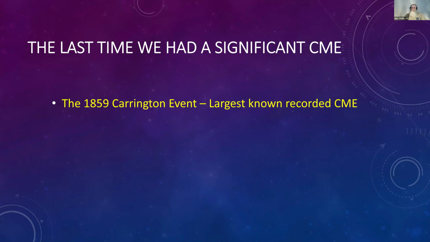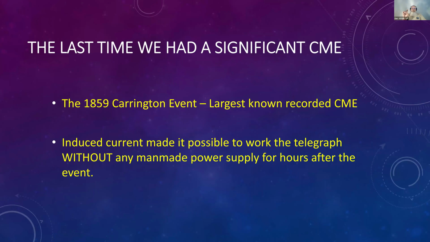And so what happened? Well, it took down many parts of the U.S. telegraph network. It started fires, and it shocked some telegraph operators. As a matter of fact, some telegraphers were able to continue operating with their batteries disconnected, powered alone by the induced currents in the lines, with a normal or improved signal quality.